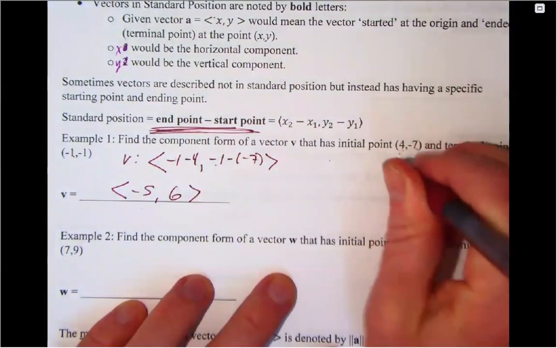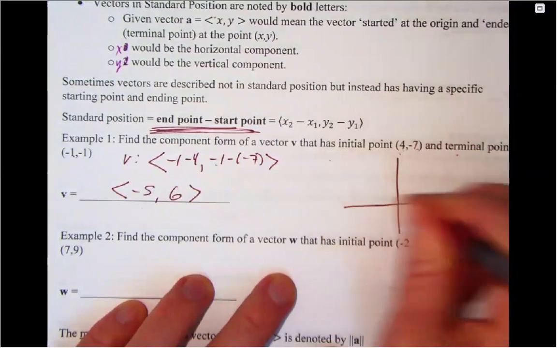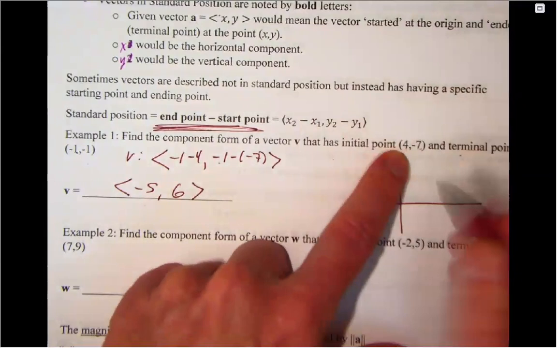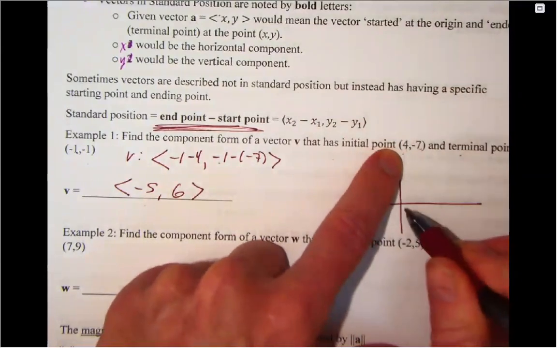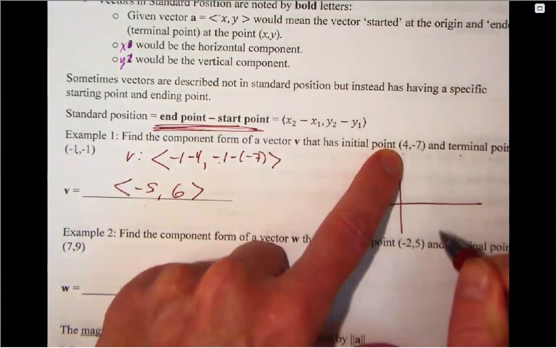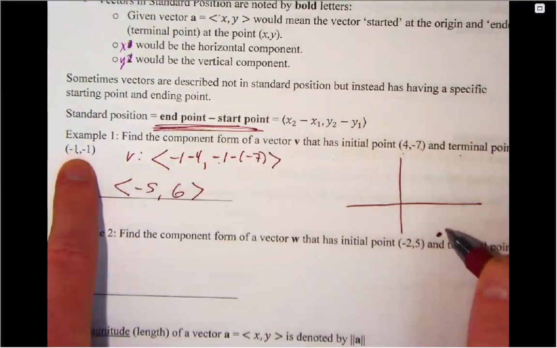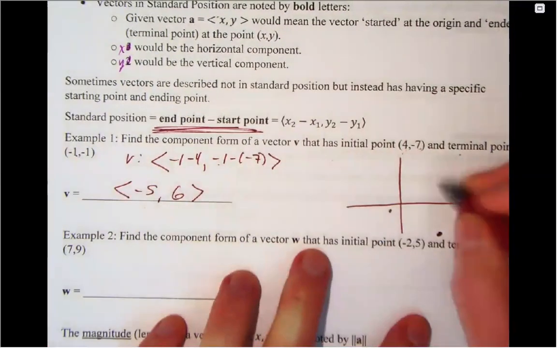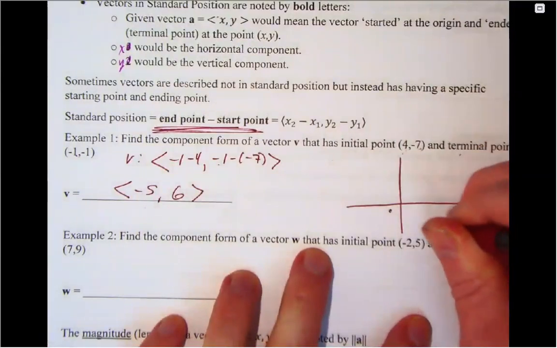If you were to graph, and the reason this works, look, if I graph just these 2 points, and I'm just going to sketch this, this isn't going to be perfect by any means, but if I plot the point 4, -7, so like down here somewhere, and the point -1, -1, so like that's over here somewhere, then the vector looks like this, right?